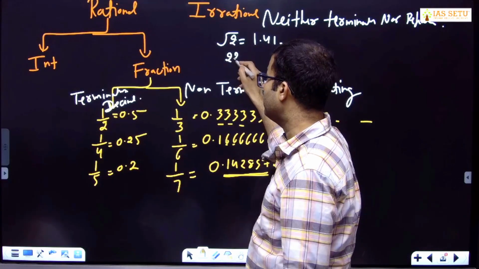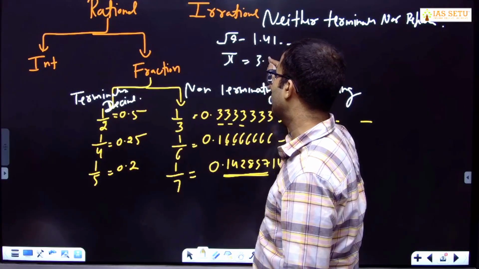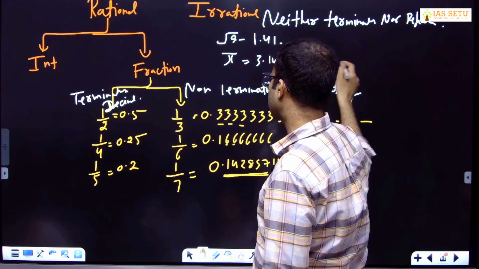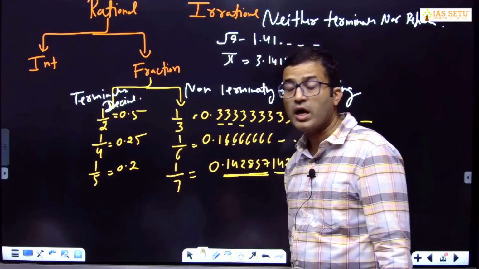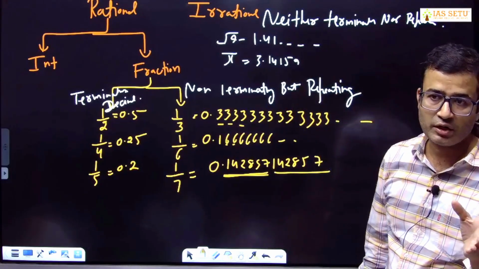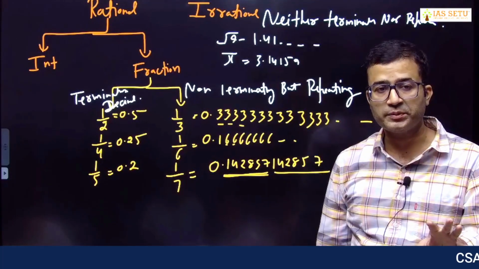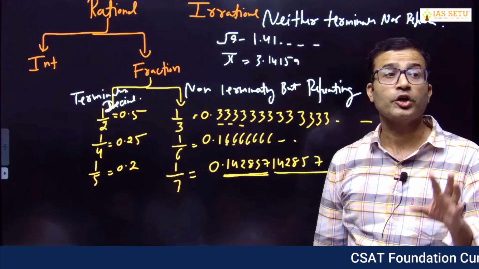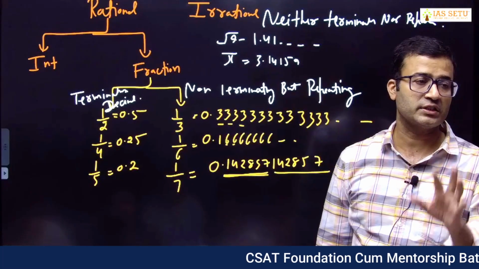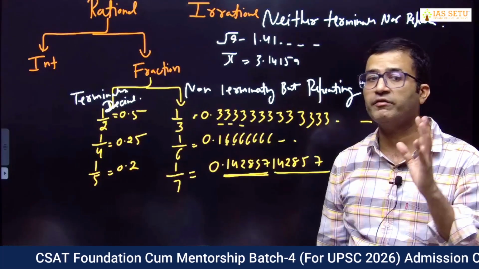जैसे अभी हमने पाई की वैल्यू लिखी थी ना, 3.14159 something something. I tell you, चाहे ChatGPT यूज कर लेना, चाहे AI का कोई भी टूल, write tell me 1000 digit after decimal for pi, 10,000 digit for pi after decimal.